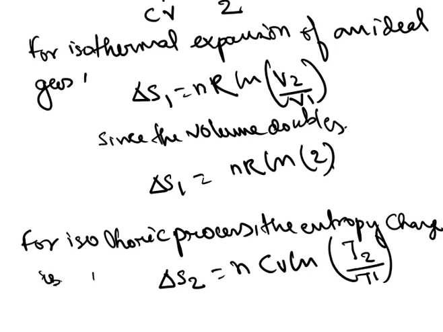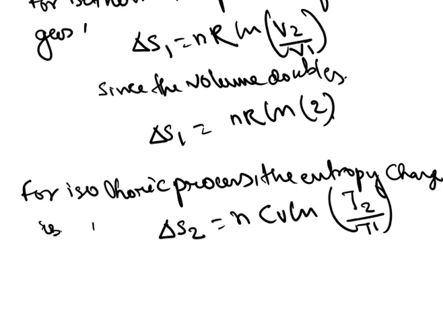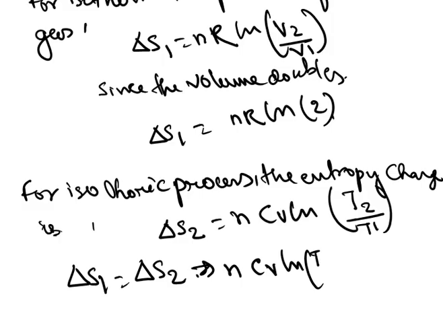But we are told that the entropy changes of the two processes are equal, so it implies that n into Cv into ln T2 by T1 equal to nR ln 2, right?